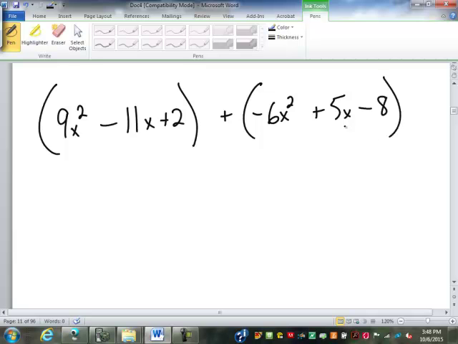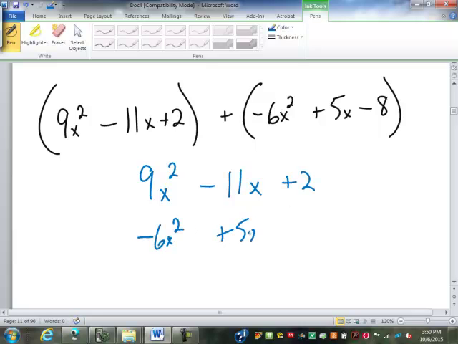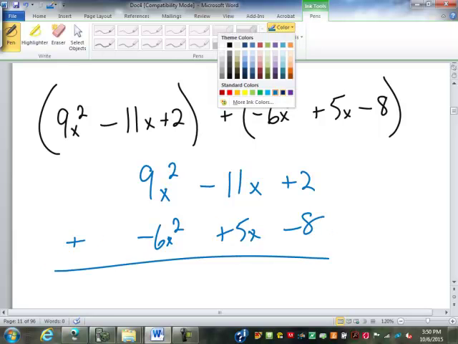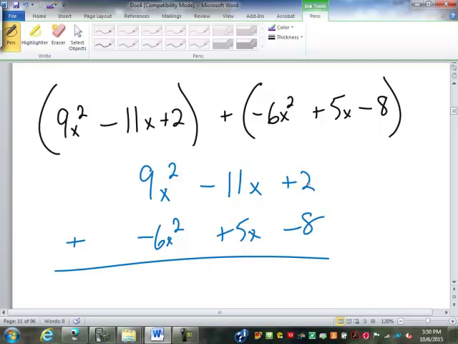Try this one in your notes. So, you line it up again. 9x squared minus 11x plus 2, negative 6x squared plus 5x minus 8, and we are adding. So 2 plus negative 8 is negative 6.